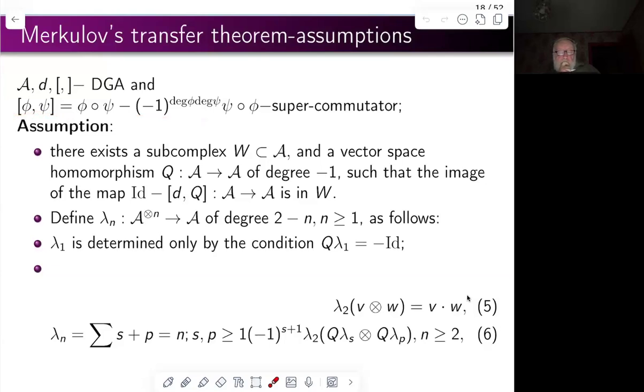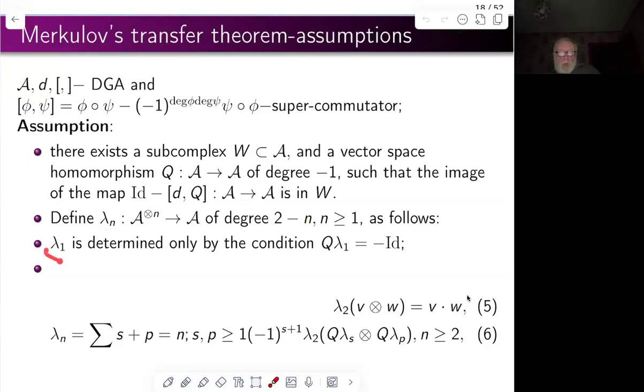Then Merkulov supposed that, considering this chain complex, there is a subcomplex W and a vector space homomorphism Q of degree -1, such that the image of this map identity minus commutator of D and Q always lies in W. Then suppose that we have maps lambda sub n from tensor degree n to A of degree 2 minus n as follows.